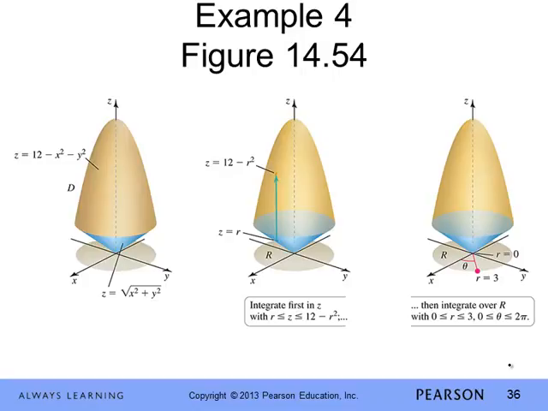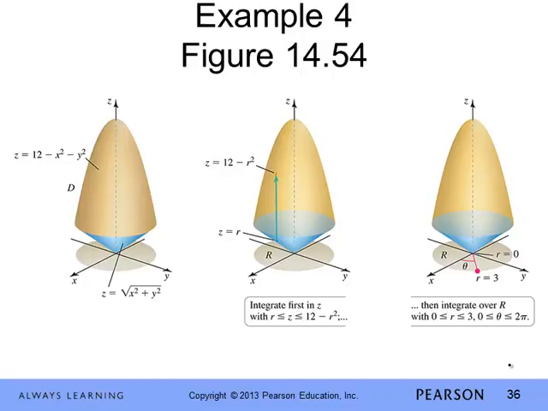Meaning you should be using cylindrical coordinates. So replace the x squared plus y squared by r squared. So really this cone is going to be z equals r. This paraboloid is z equals 12 minus r squared. On the plane, r is going to go from 0 to whatever the outer edge is. How do you know what the radius of the circle is?